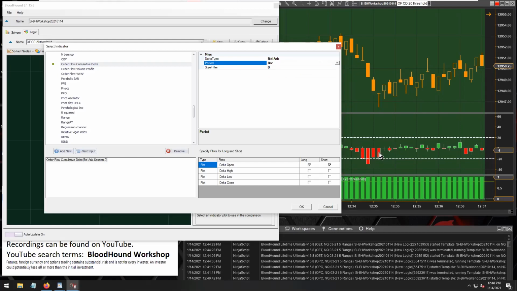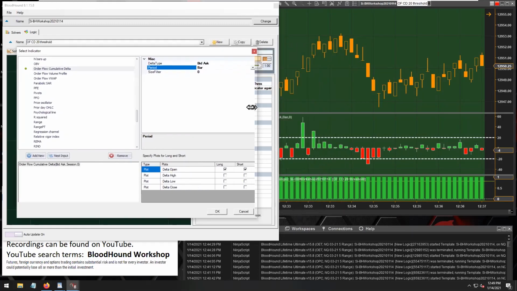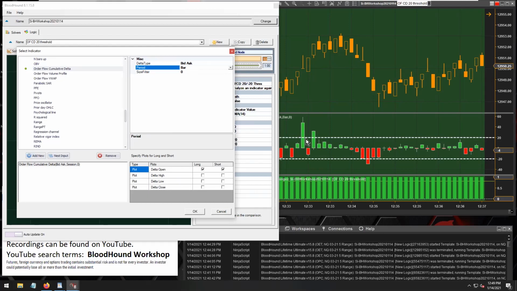In order to identify a cumulative delta value greater or less than, you have to look at it using a bar style period. And now you have two options here. Are you looking for the cumulative delta to close above your threshold value, or are you looking for just the high to penetrate past it?